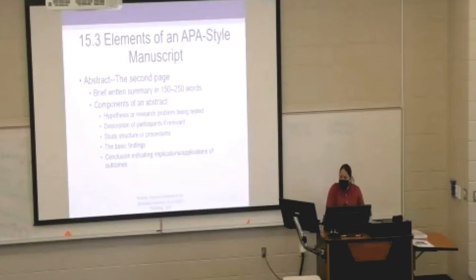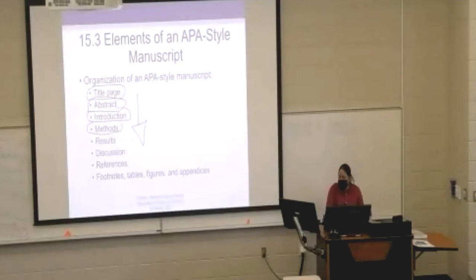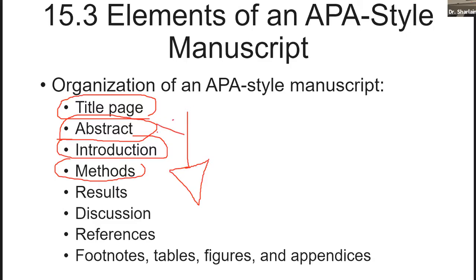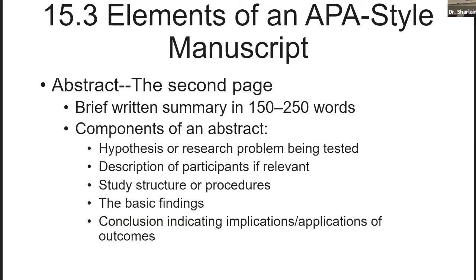Let's talk about our second element, right? And if you recall from our previous slide, we are moving towards the components of the abstract. So let's talk a little bit more about the abstract. Generally, the abstract, as I mentioned, will be the second page, right? And what is an abstract?